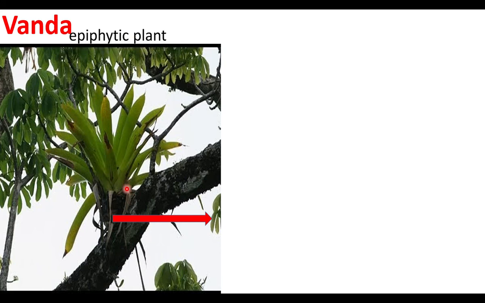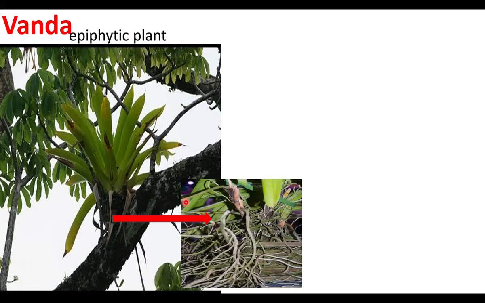The plant has roots. The roots are freely hanging in the air. Look at this area. We can find the roots of the Vanda plant. From the air or atmosphere, the roots take water or moisture.